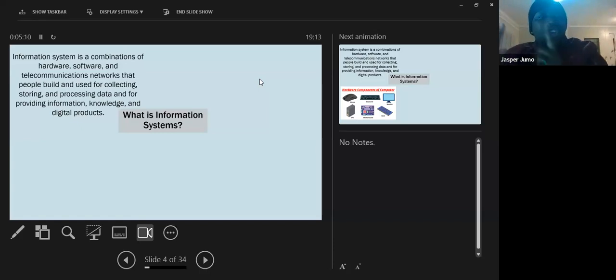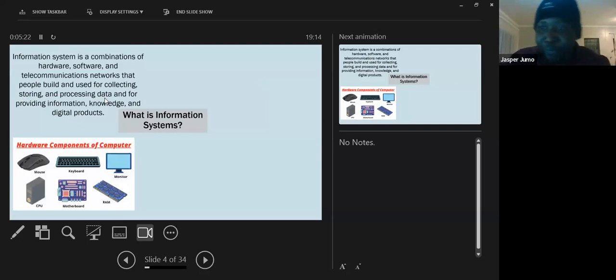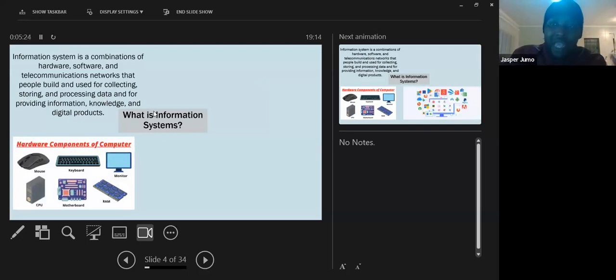That's why we say they are used for collecting, storing, and processing data. So information systems are just used to manage the information itself. When we're talking about hardware, if you don't know much about IT, don't worry, because I'm going to take you through elementary stages, so that you who don't have in-depth knowledge of these things will be able to understand.